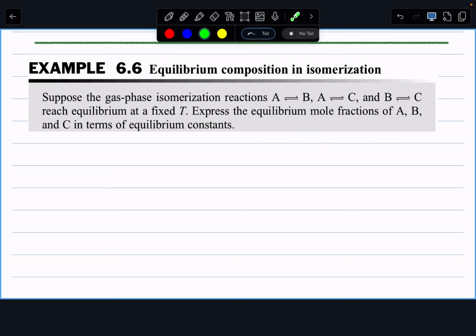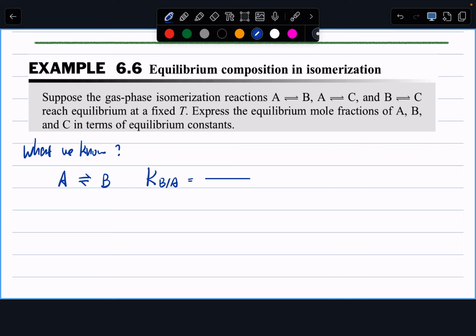So for this kind of question, how do we approach it? First things first, we do an analysis of what we know and what we are solving for. So let's write out what we know. We have three different equilibria taking place, so A to B. Now we can write my equilibrium K_BA equals P_B over P naught divided by P_A over P naught.